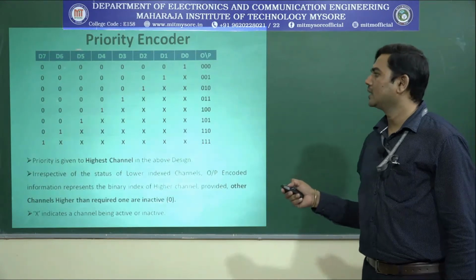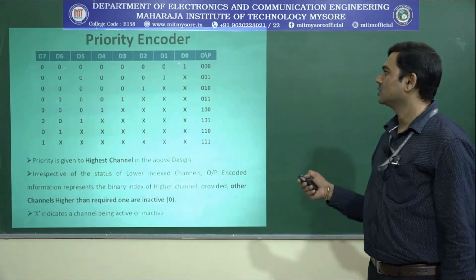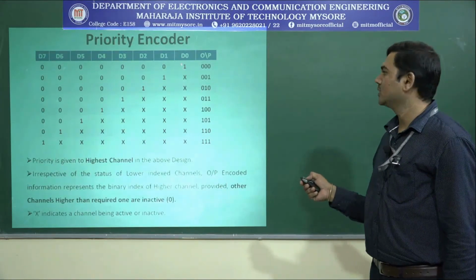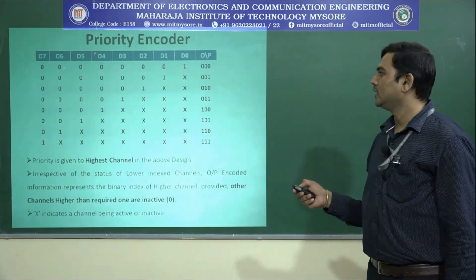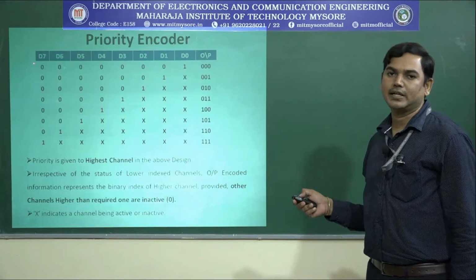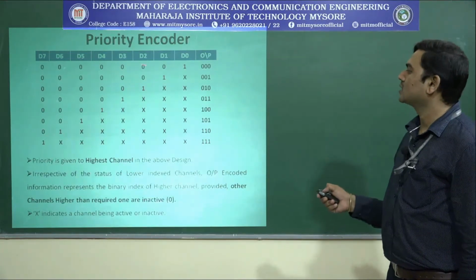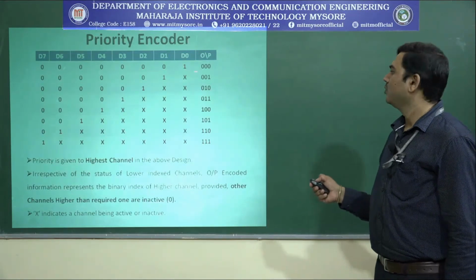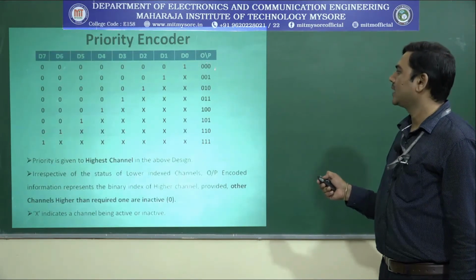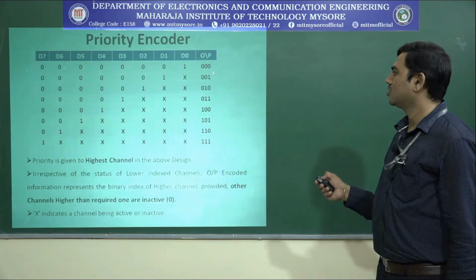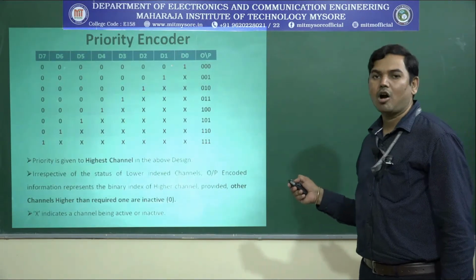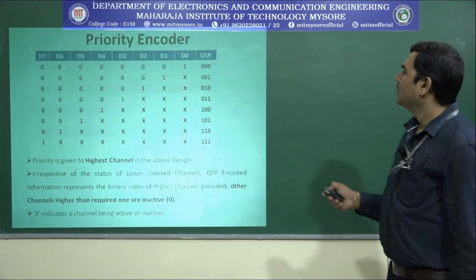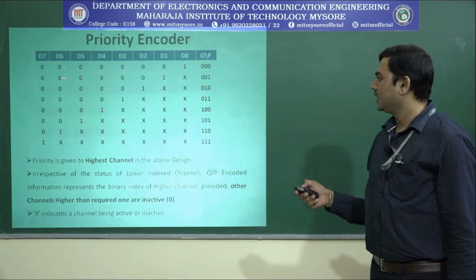All higher order channels compared to D naught, that means D1, D2, D3, D4, D5, D6 and D7, should be off. Only in such case can we expect a binary index of 0, 0, 0 representing D naught at the output of the encoder. What is this indicating?